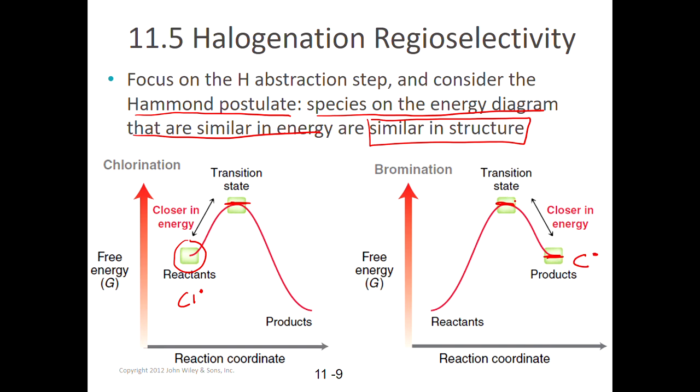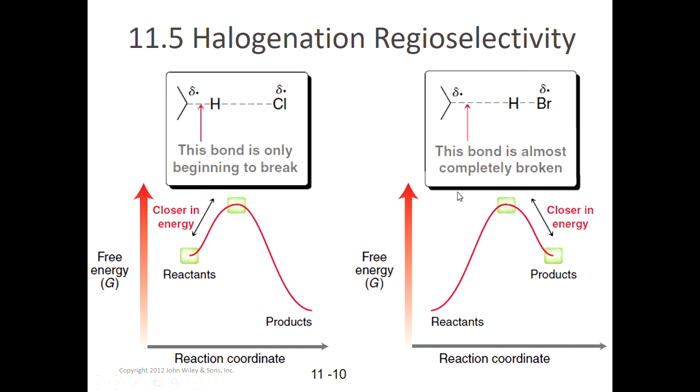And so if the transition state looks like that, it involves a very large partial radical on the carbon. And so if that's stabilized well, then it'll be way more stable than if it's on a primary carbon or something where it's not effectively stabilized. All right, so that's what we're seeing here.